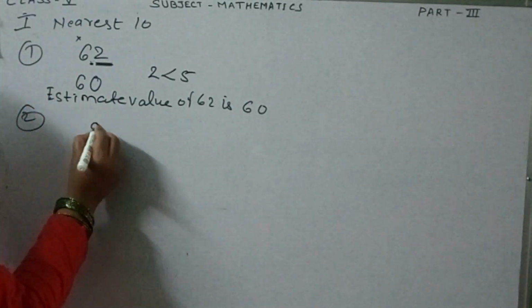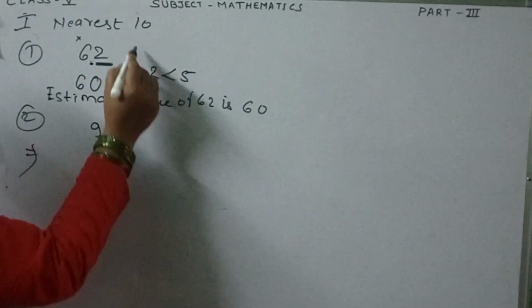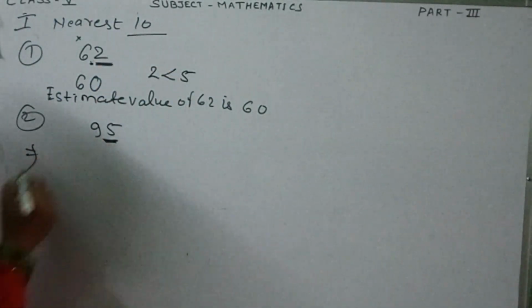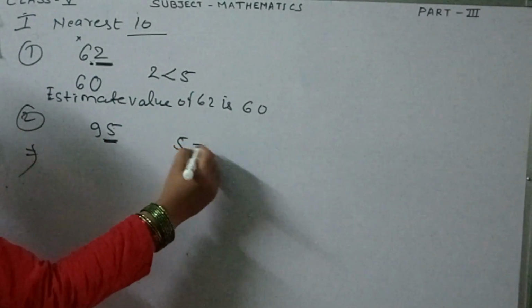Second one, the next number is 95. Here in case of 10, you have to check the ones digit and compare. Here ones is 5. 5 is equal to 5.